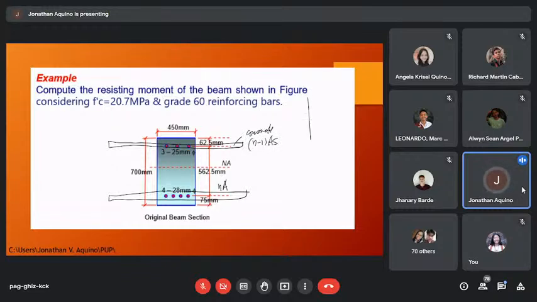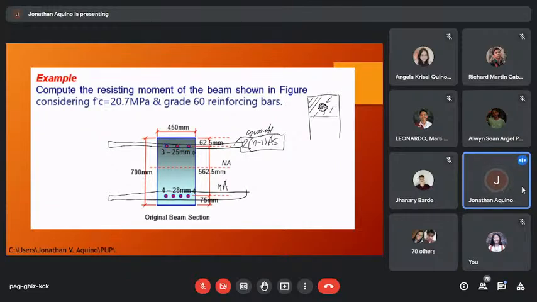So, di ba yung concrete natin, ito yung compression bars natin. So, this compression bars will reduce the volume of the compression concrete. But for compression, mas matibay yung compression steel natin ng twice.